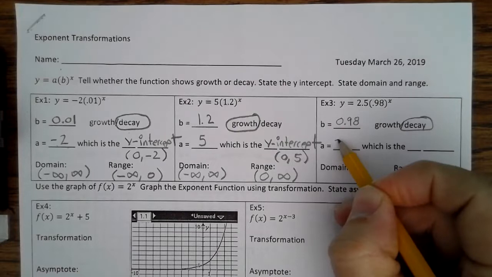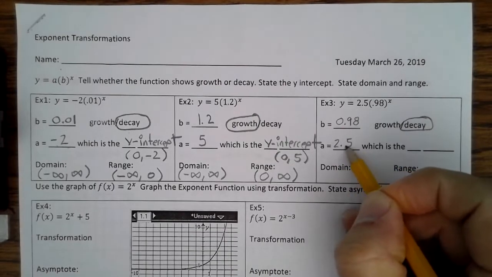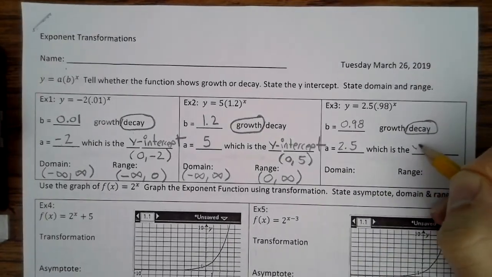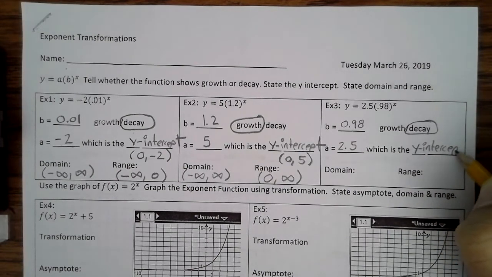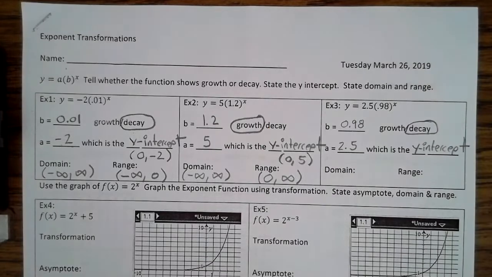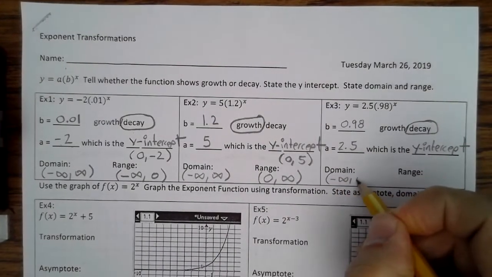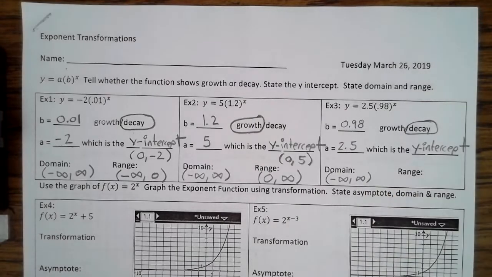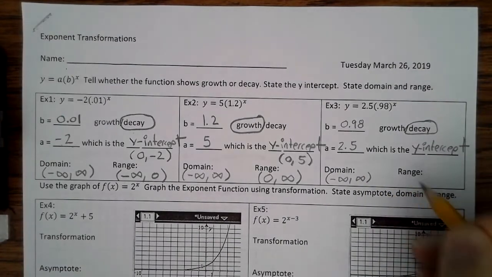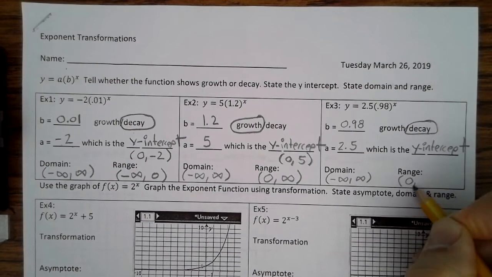Okay, the a value is 2.5, which is the y-intercept. The domain is negative infinity to positive infinity, and the range is 0 to infinity.